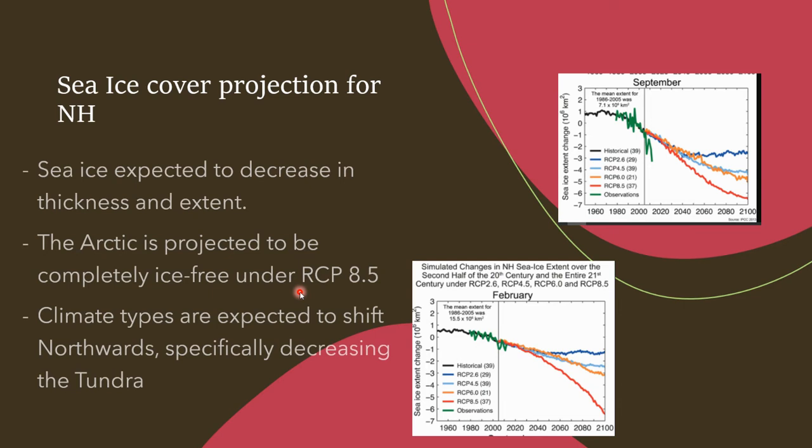Then this is really crucial information: climate types are expected to shift northwards. I'll show you a file where you'll see that the climates are actually shifting towards the north. To give you an example, a few hundred thousand years ago we saw the whole of Canada, and also the northern part of the United States, covered under ice.